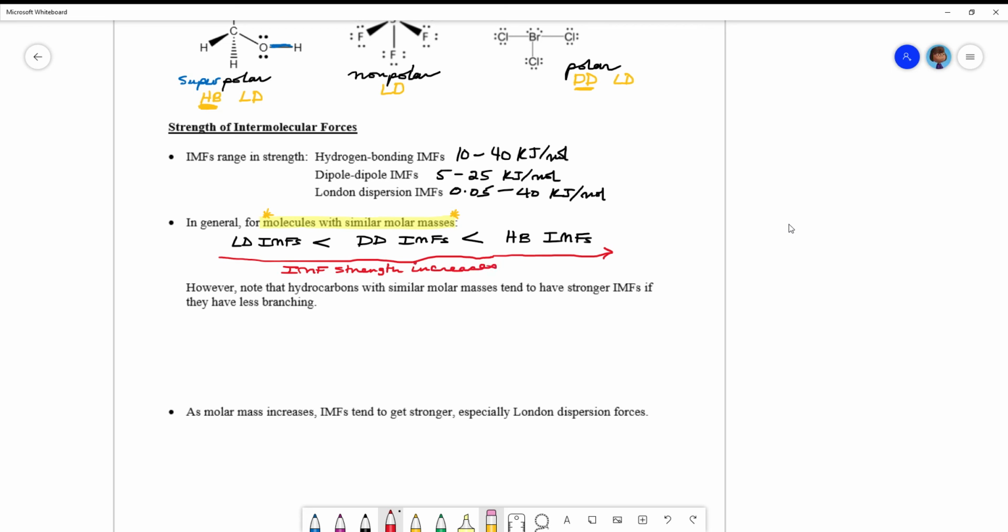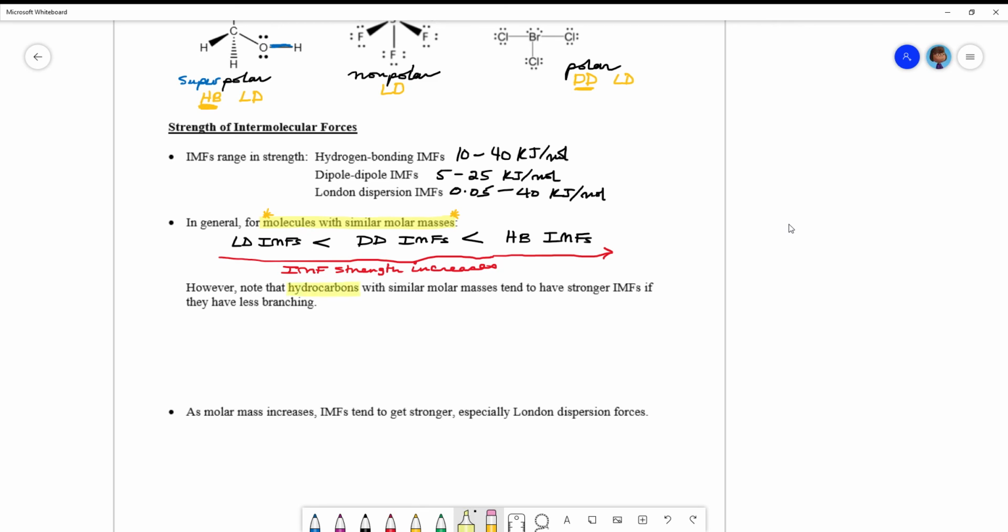So if two molecules have almost identical molar masses, but one has hydrogen bonding IMFs and another has dipole-dipole IMFs, we would go with the one with hydrogen bonding IMFs as the one with the stronger IMFs. Now, there's a caveat to this rule, and that caveat applies to hydrocarbons. What's a hydrocarbon?